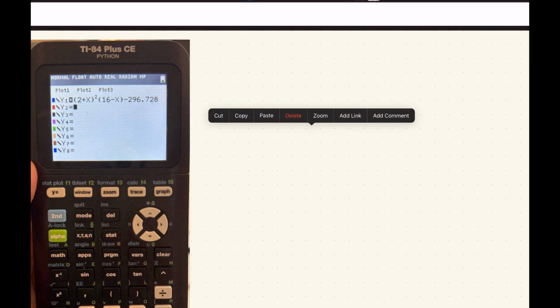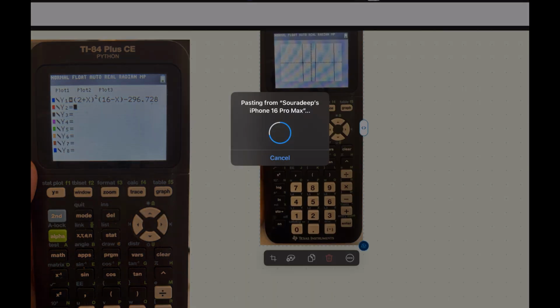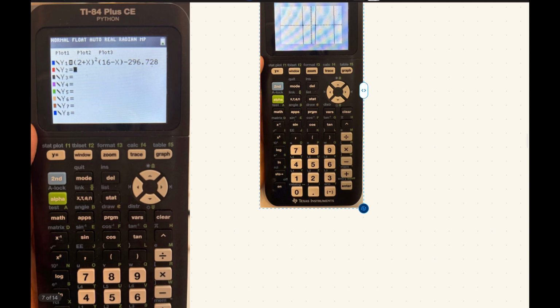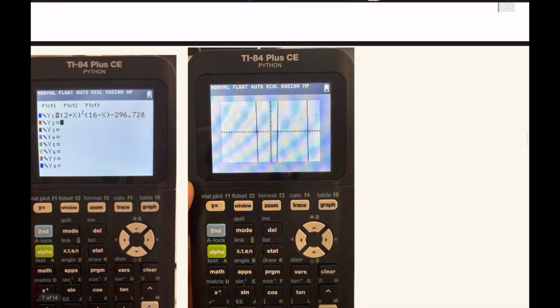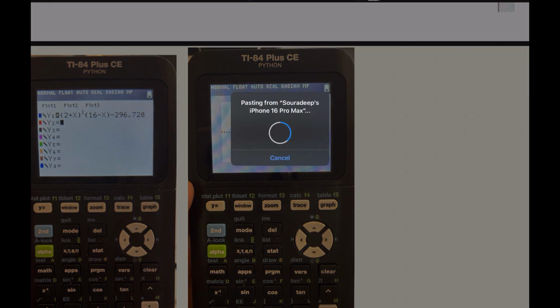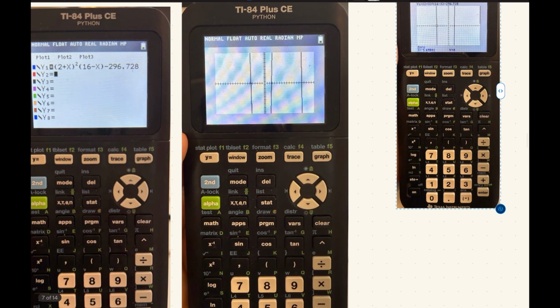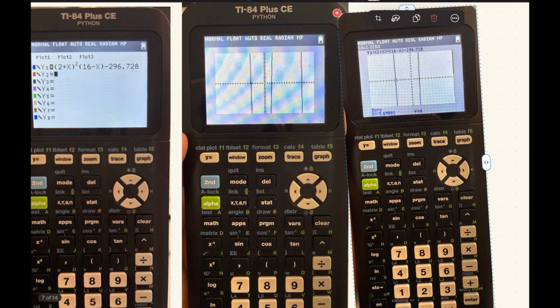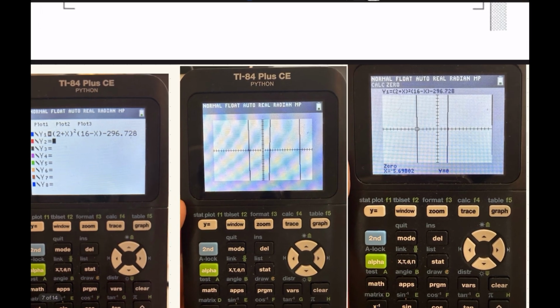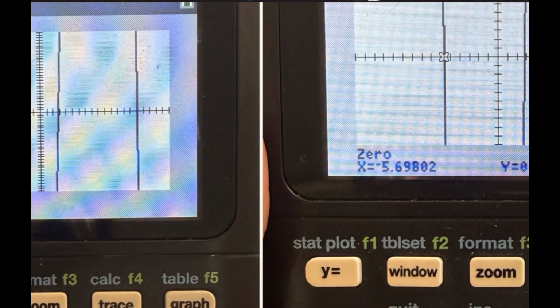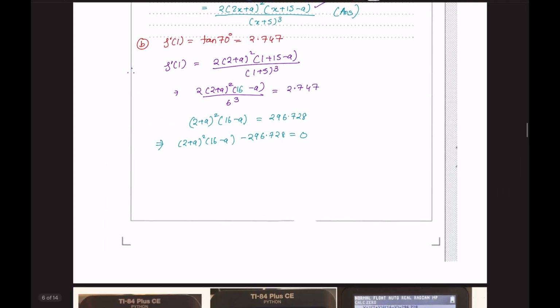You might have to play with your window settings a little bit. And then when you solve for the lowest point, you will get this. The smallest value of a is minus 5.698.